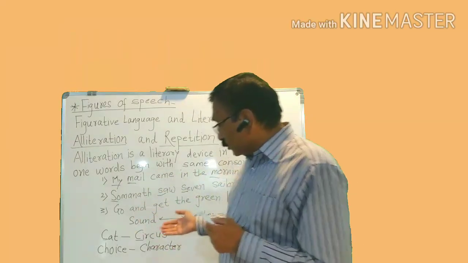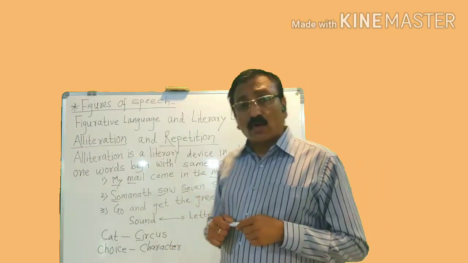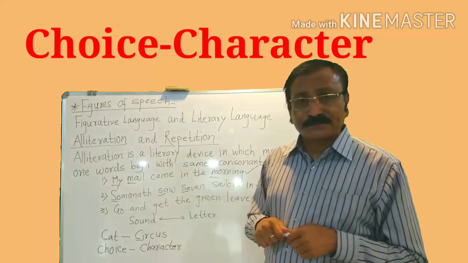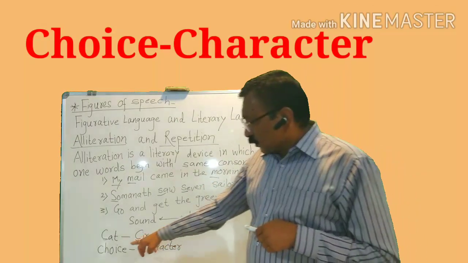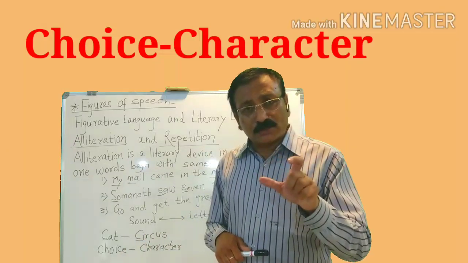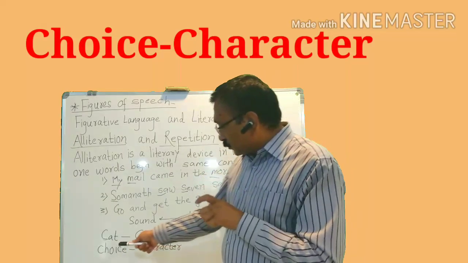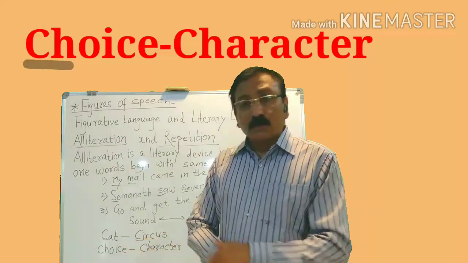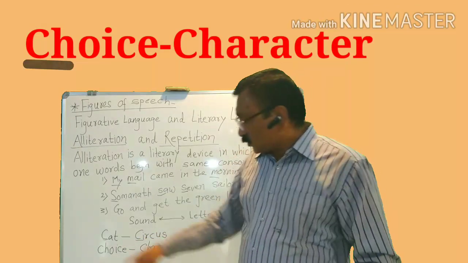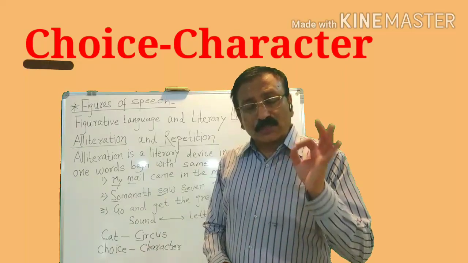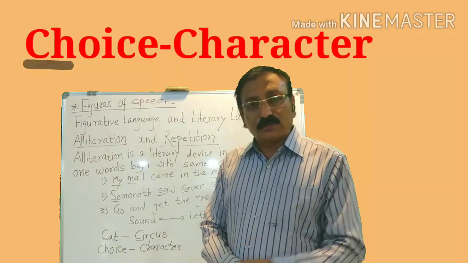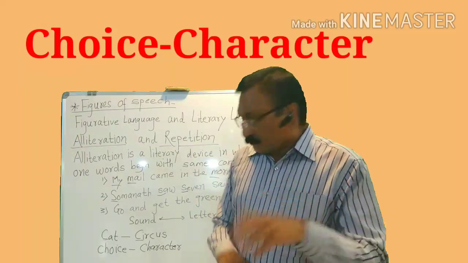Let us see the second pair of words, choice and character. The first word is choice, and the word begins with the letters CH. The sound produced by CH in choice is as in chop.